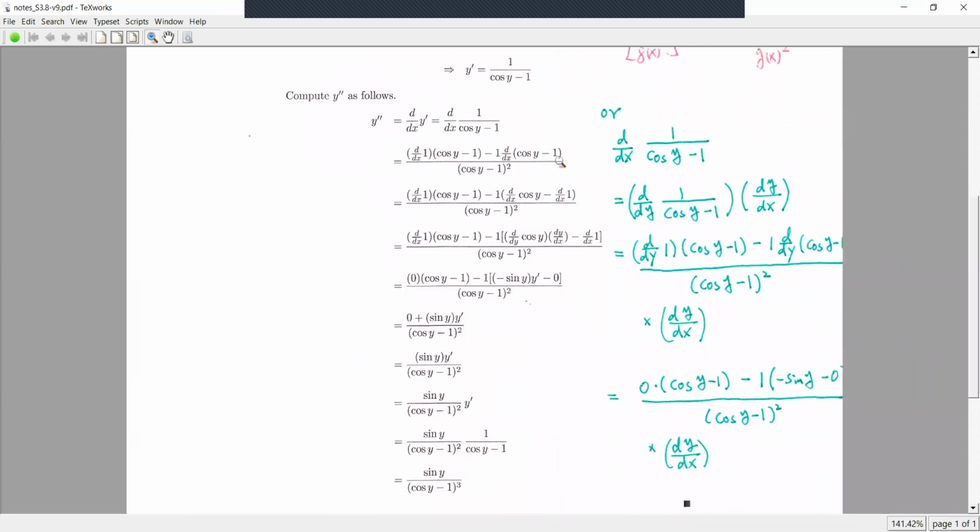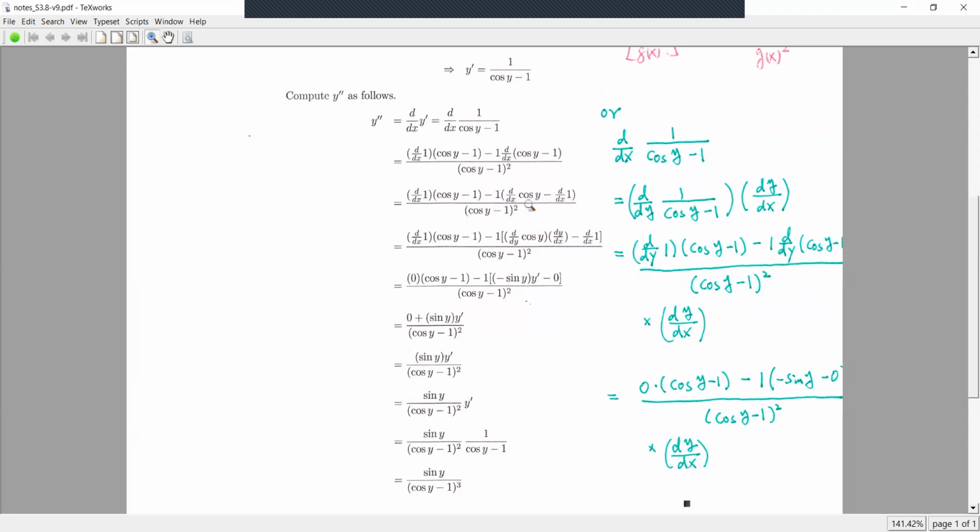Then about this derivative, I apply the difference formula, then I have this equation. About this derivative of cosine of y with respect to x, I need the chain rule to compute it.